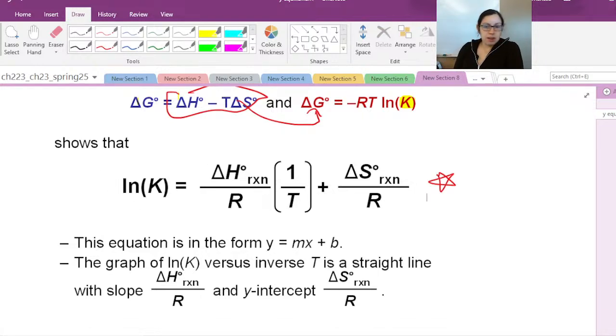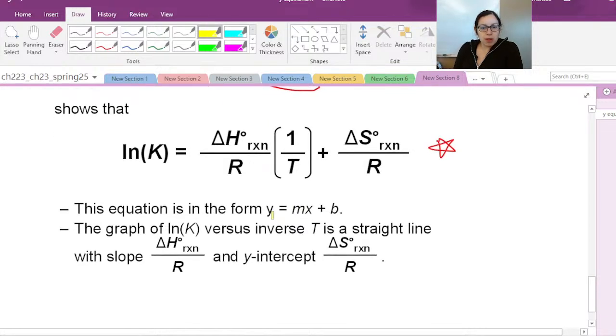And now we can start to see how we might plot it out. So we have this general form, y equals mx plus b, so whatever variable here. And so if we graph the natural log of K, notice it's going to be 1 over T to correspond to x.